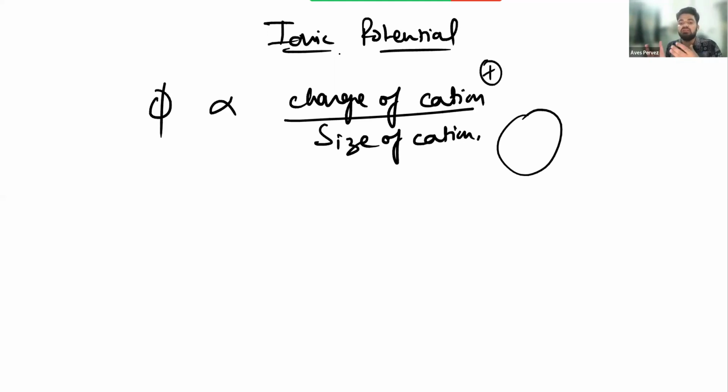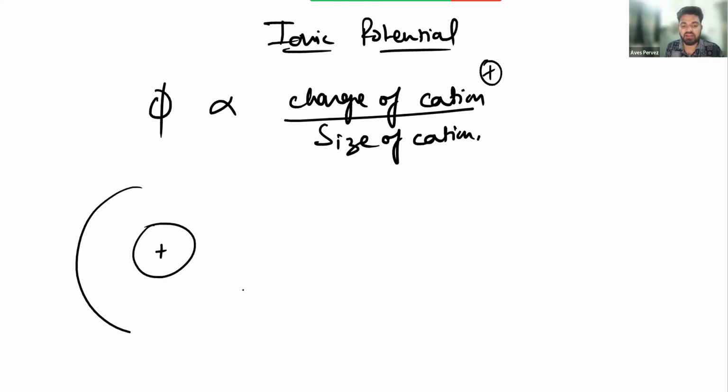Ionic potential means ionic bond. It is opposite to the polarization power or the covalent character. The more the size of the cation, the lesser the ionic potential, the tendency to attract the bonded pair of electrons. Why? Because if the size of the cation is greater, the outermost shell electrons will be away from it, so the attraction power will be less.